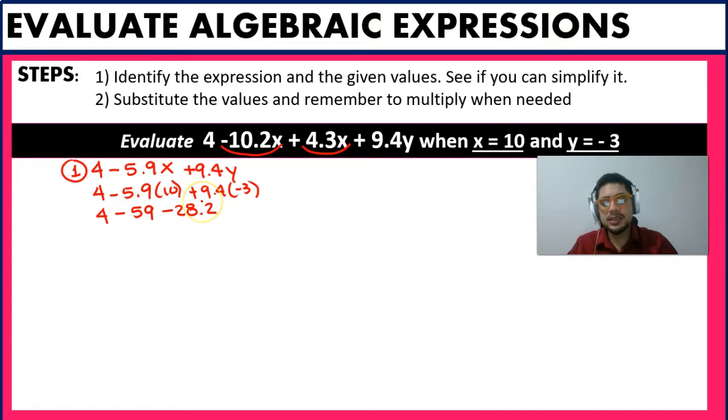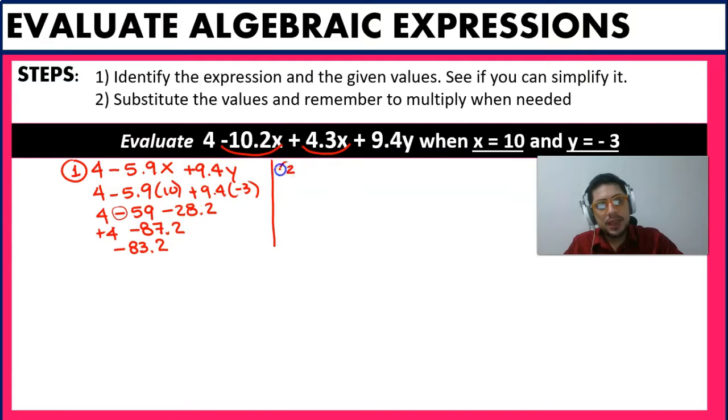Now we can see that negative 59 and negative 28.2, since they are both negative, we add them and put the sign of the highest one, which is negative. So minus 87.2 and then plus 4. Now adding 4 to negative 87.2 gives us a value of negative 83.2. That is the first way in which we can do that problem.